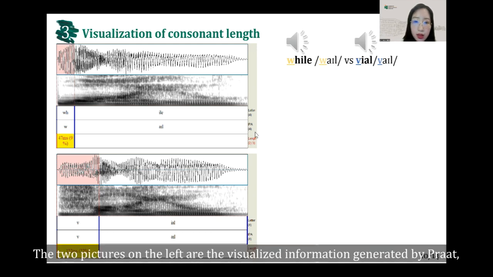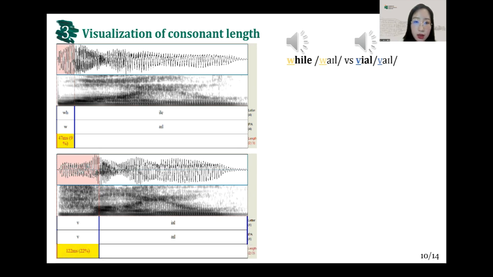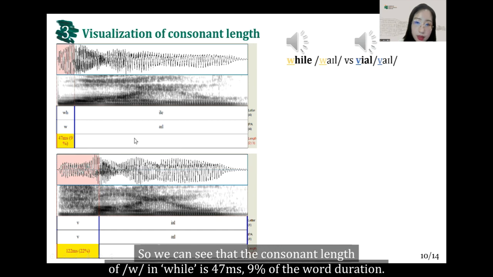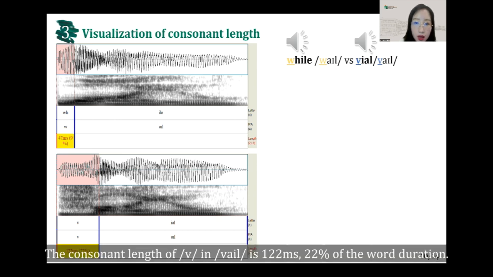The 2 pictures on the left are the visualized information generated by Praat, and the parts where the target consonants are pronounced were labeled with yellow background and red numbers. So we can see that the consonant length of w in while is 47 milliseconds, 9% of the word duration. The consonant length of v in vial is 122 milliseconds, 22% of the word duration.